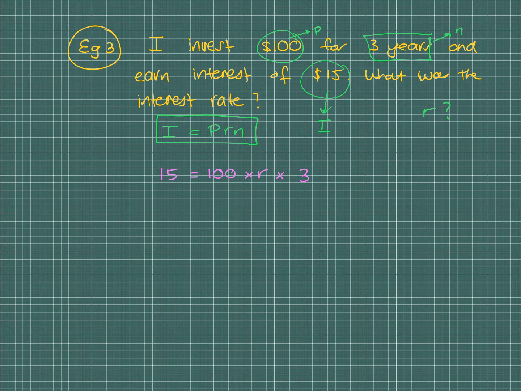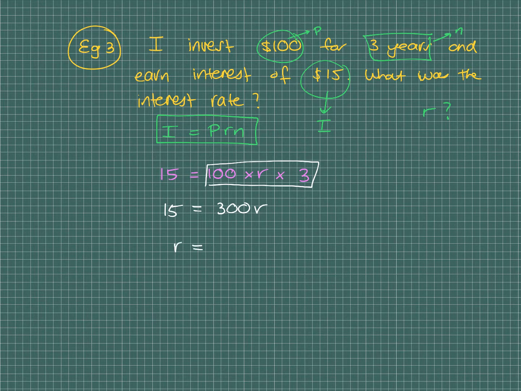Now there are all different types of ways that we could answer this. For example, you might say, okay, I'm going to simplify this right hand side. What's 100 times R times 3? That equals 100 times 3 is 300, and then we have R there. And then we start using some equations. How can I find what R is on its own?